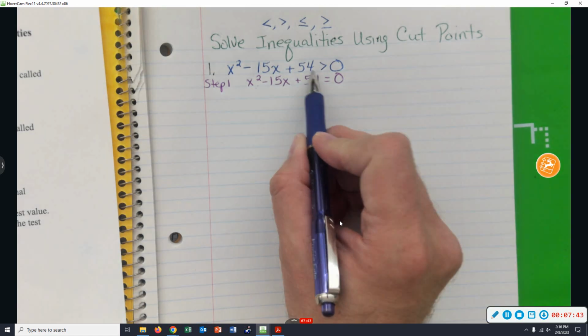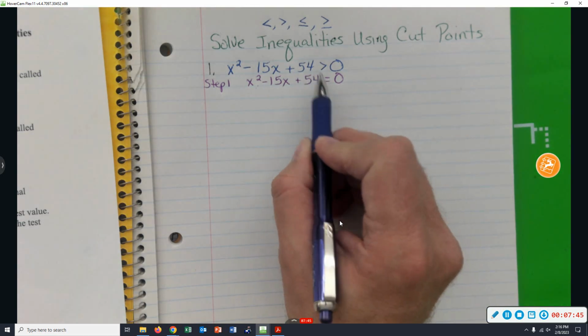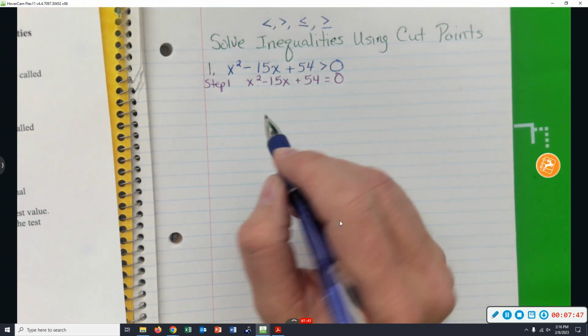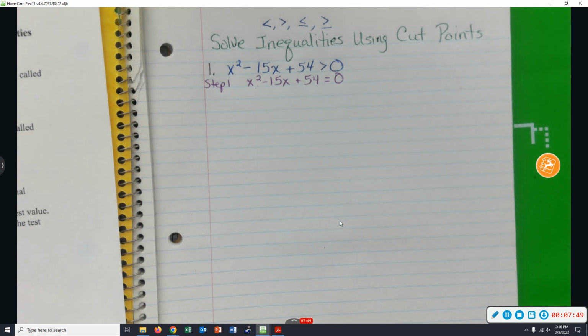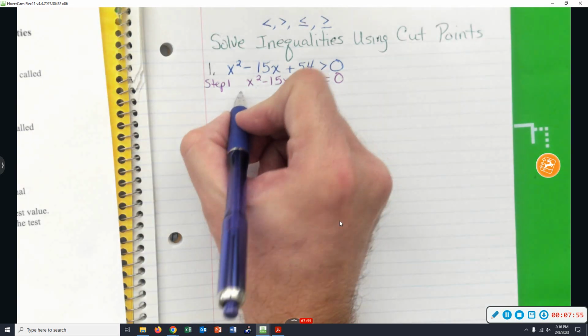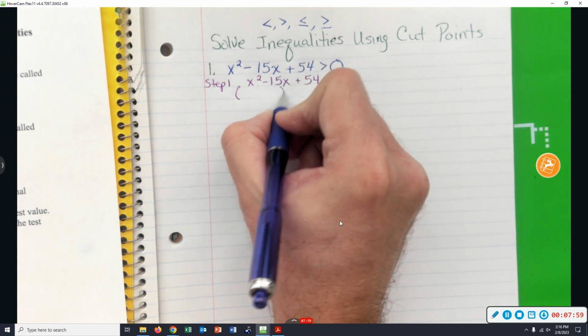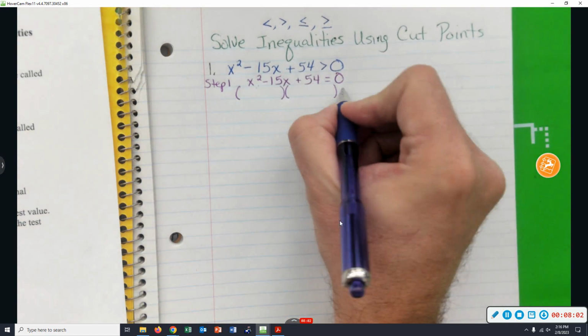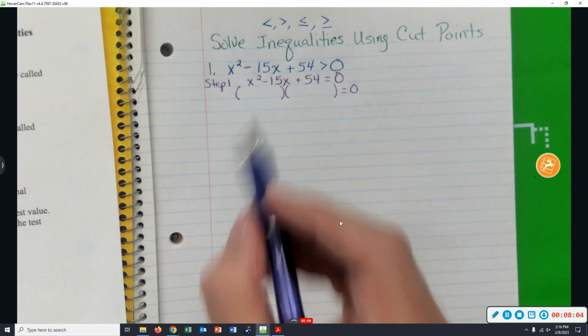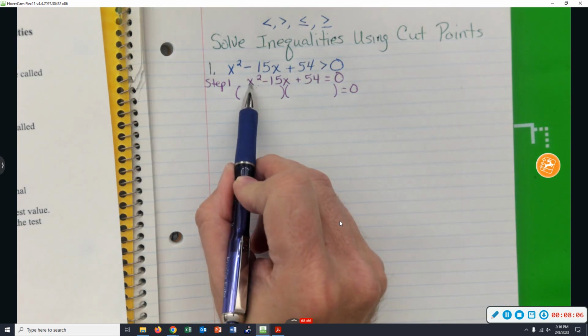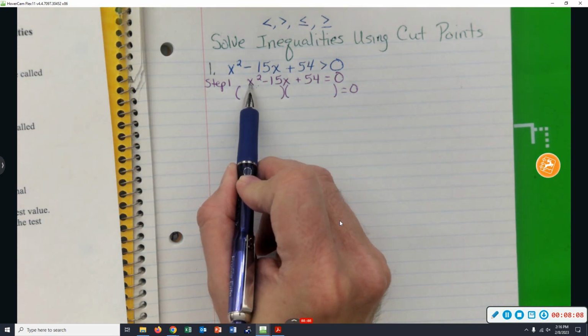Rather than writing out all the numbers that multiply together to get 54, there's one pair that stands out from the multiplication tables. It's not 1 and 54 or 2 and 27. There's another one. Can y'all think of 6 times 9? Why am I thinking that's going to work? That's right, because 6 plus 9 gives you 15. That's how I do it.